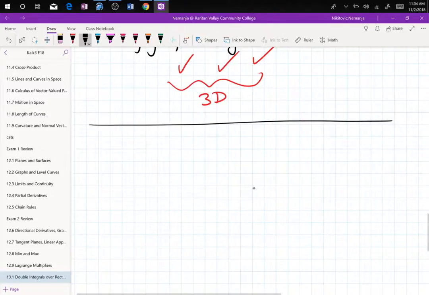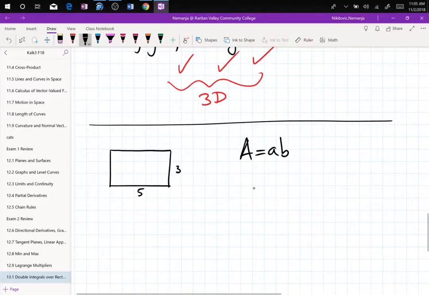Okay, let's see why. So what do you have? It's a 3 times 5 rectangle, right? And the good old a times b formula was not enough.